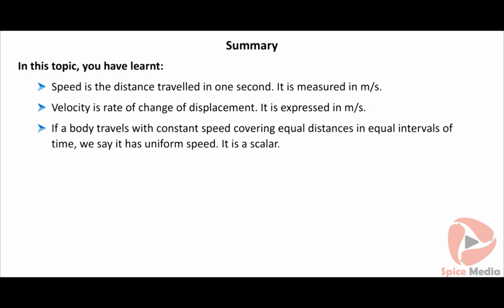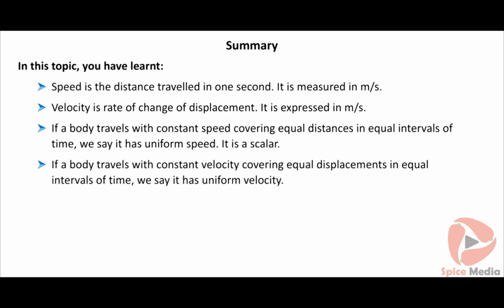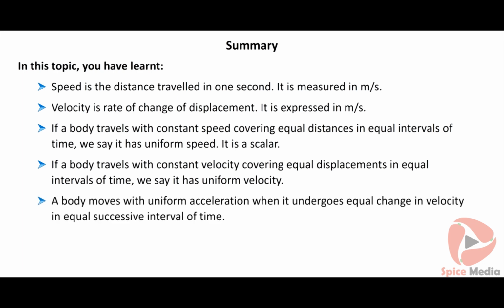It is a scalar. If a body travels with constant velocity covering equal displacements in equal intervals of time, we say it has uniform velocity. A body moves with uniform acceleration when it undergoes equal change in velocity in equal successive intervals of time.